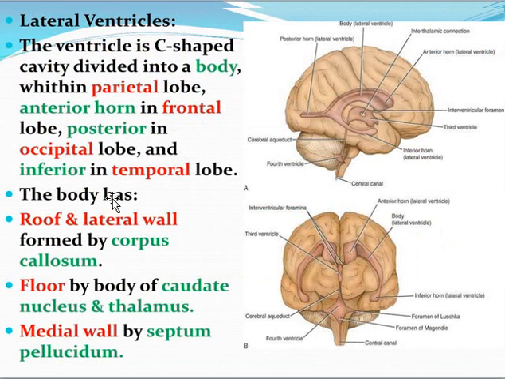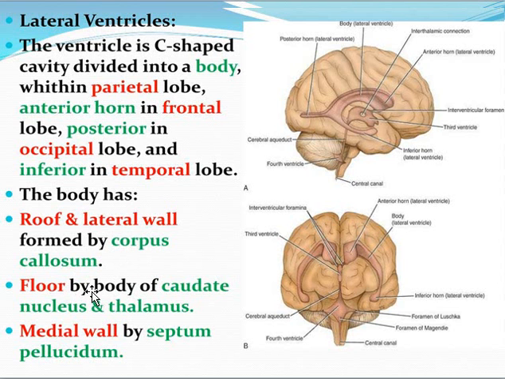Now the body is within the parietal lobe, as we said, the anterior horn in the frontal lobe, posterior in the occipital, and inferior in the temporal lobe. The body has the roof and lateral wall formed by the corpus callosum, part of the commissural fibers of the white matter.